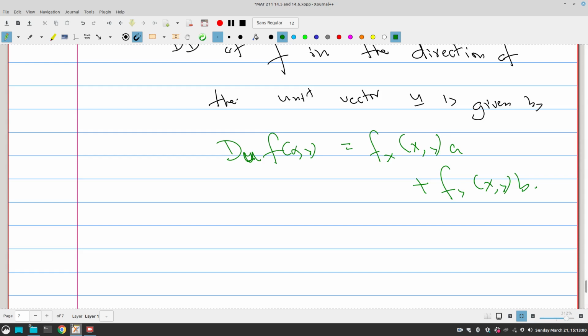So this is a theorem. And of course, a theorem is something we need to prove.